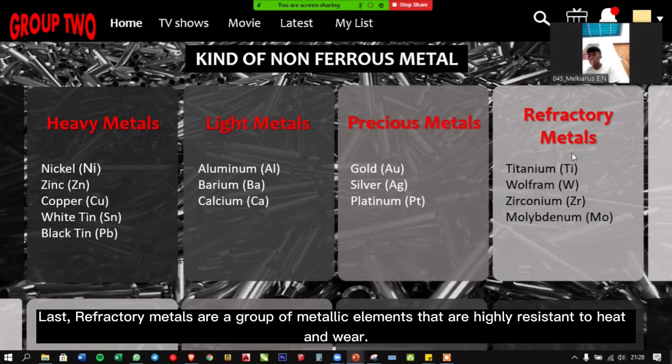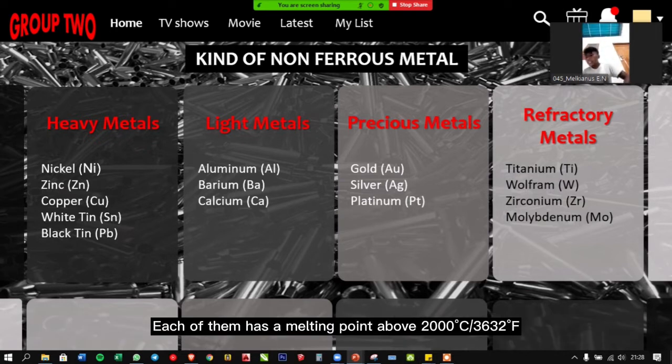Lastly, refractory metals are a group of metallic elements. They are heat resistant, with a melting point above 2600.